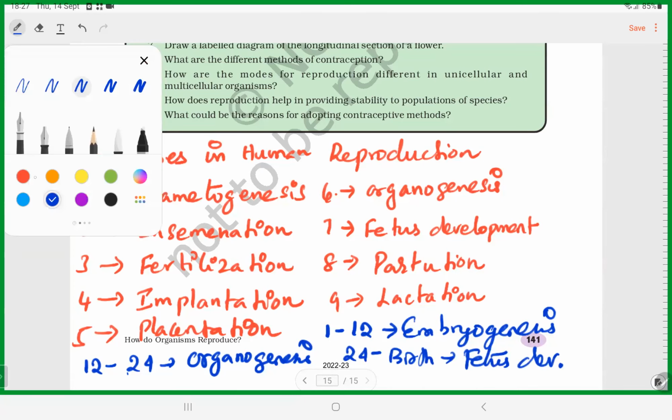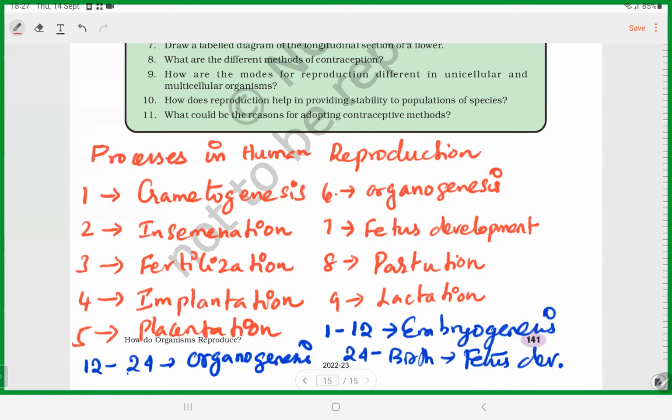What is organogenesis? Organs, like all the body organs, will form: heart, liver, kidney, bone, brain. Can you understand? That is called organogenesis, organ formation, internal and external.